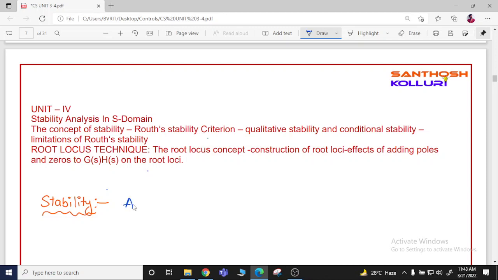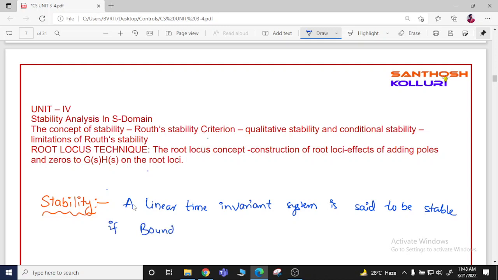So a linear time invariant system is said to be stable if a bounded output is obtained for a bounded input.